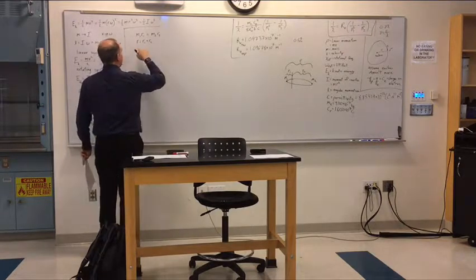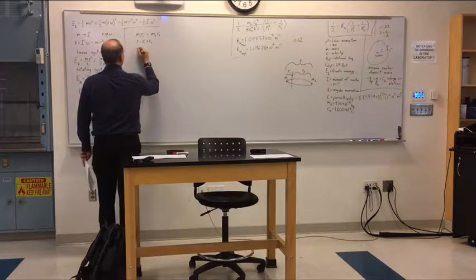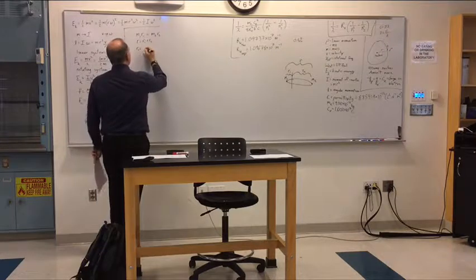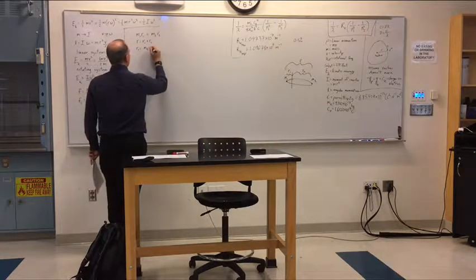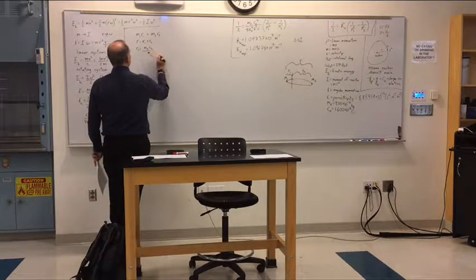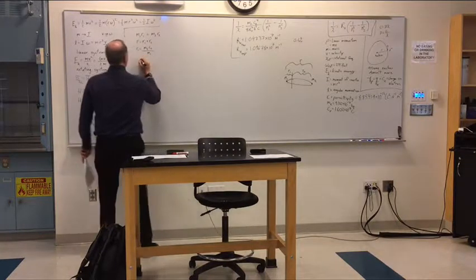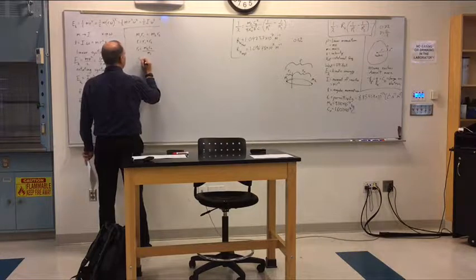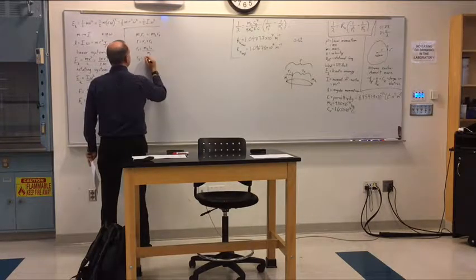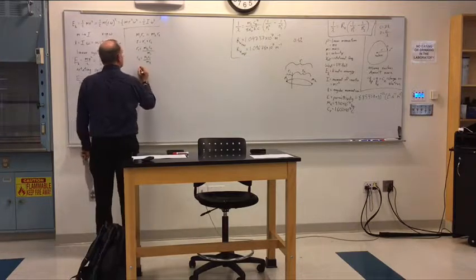So if we solve the top equation for R1, we get R1 is equal to M2 R2 over M1, and we can do the same thing for R2. R2 would then be M1 R1 over M2. Plugging these both back up in here, right?